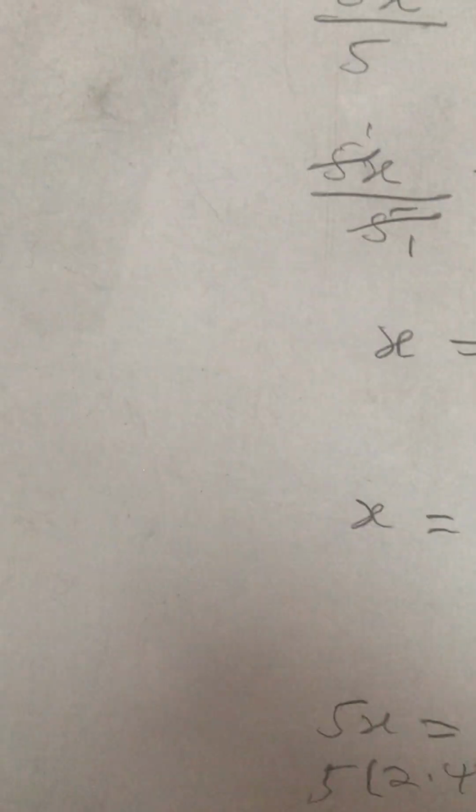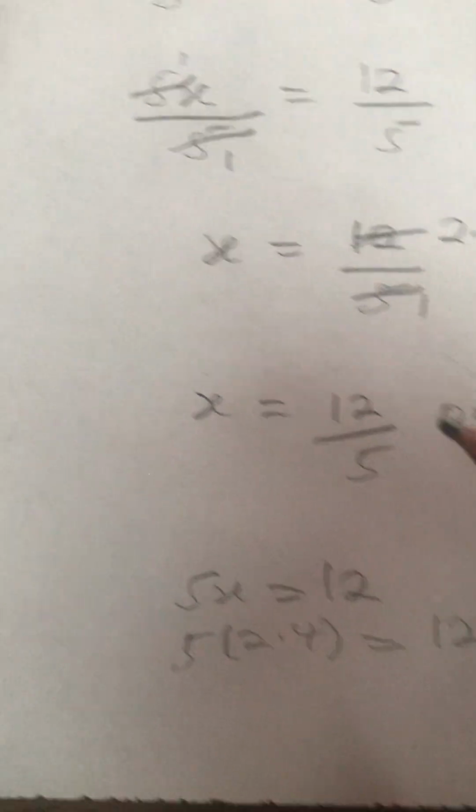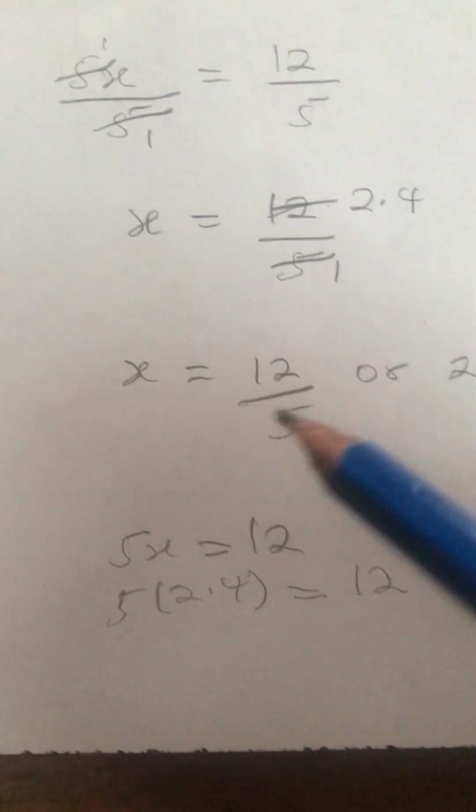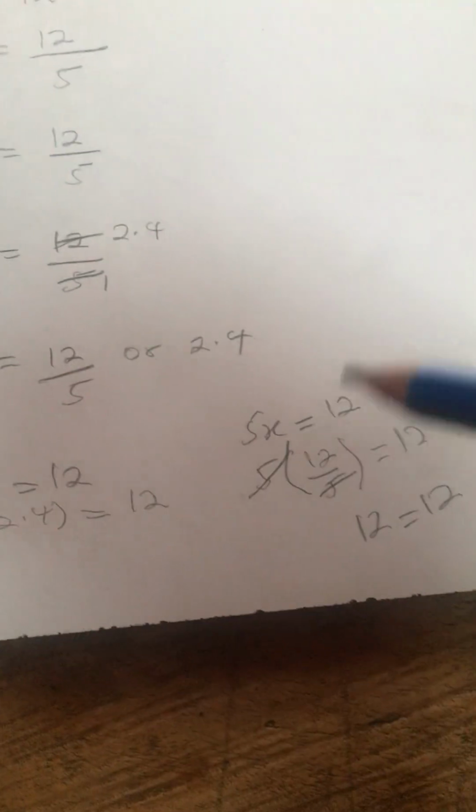So that means our answer, the fraction 12 over 5 or 2.4, is our correct answer.